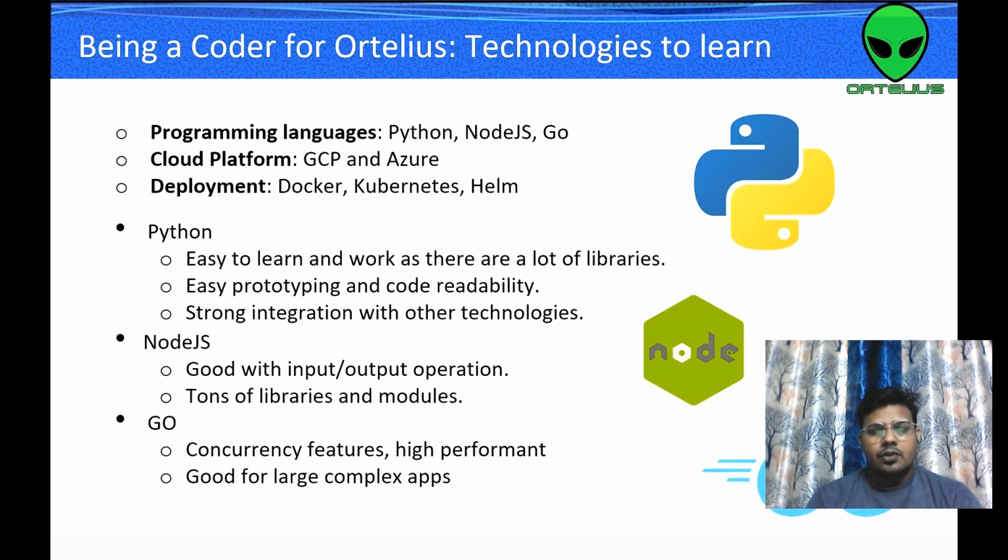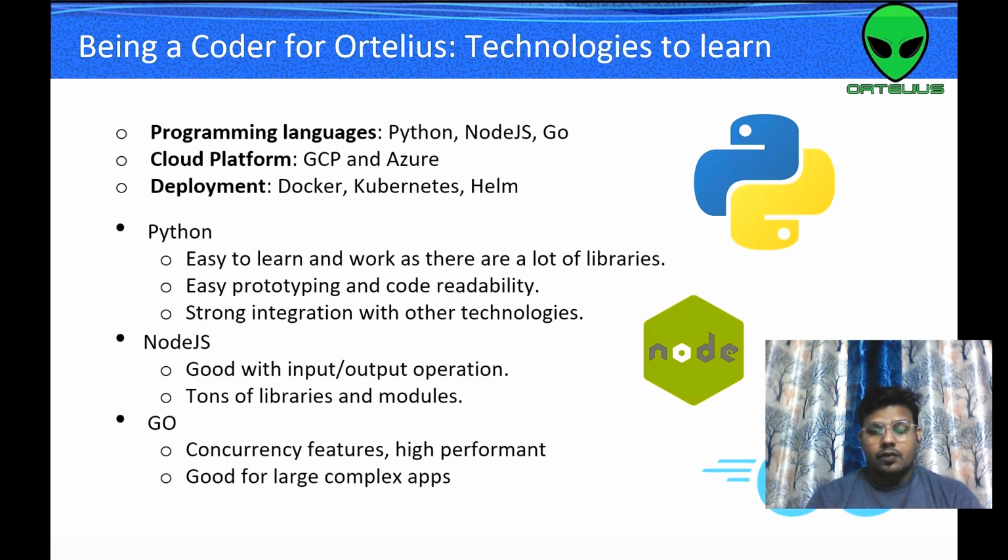For deployment, we use Docker, Kubernetes, and Helm. And obviously, we know why we are opting for these technologies, because Python is very easy to learn, and Python has become a lot more popular since it is very easy to learn.